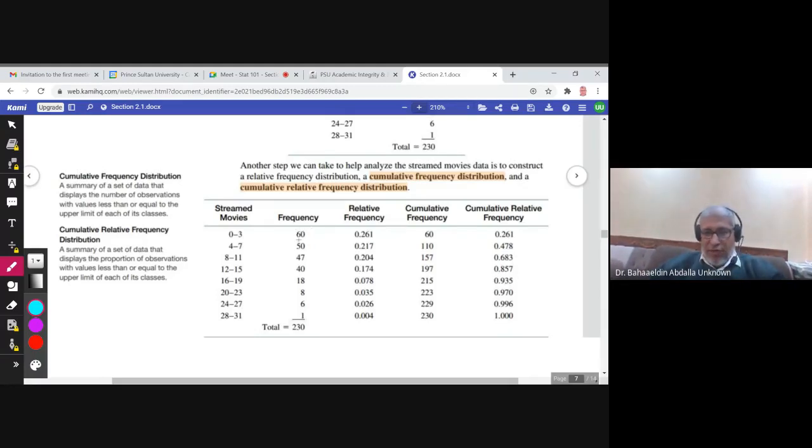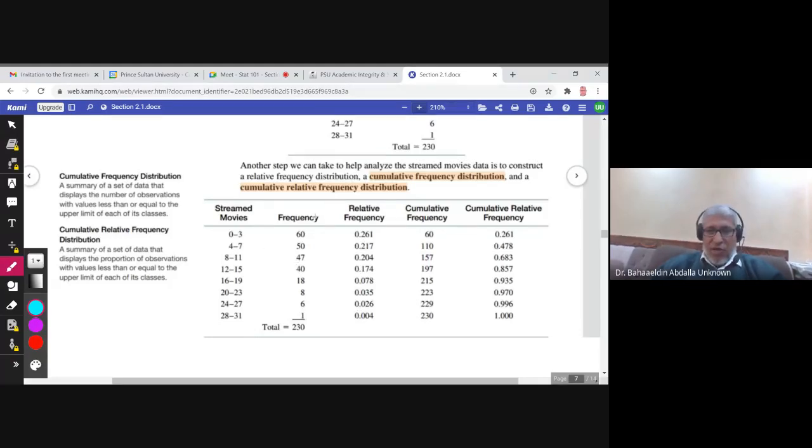The number of observations between 0 and 3 is 60. This is the frequency. Now, how to find the relative frequency? We divide 60 by 230, which is the total. We get 0.261. Okay, so this is how we find the relative frequencies.